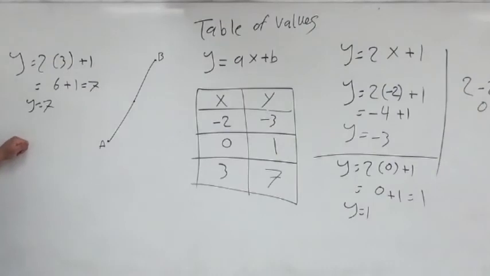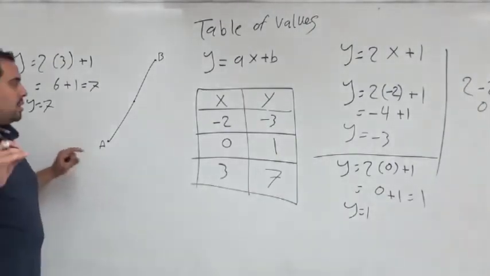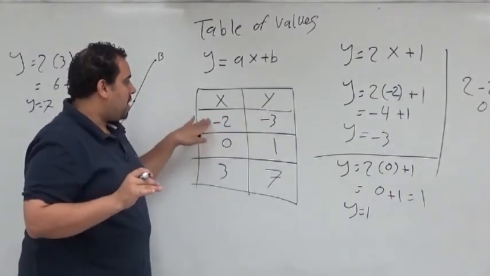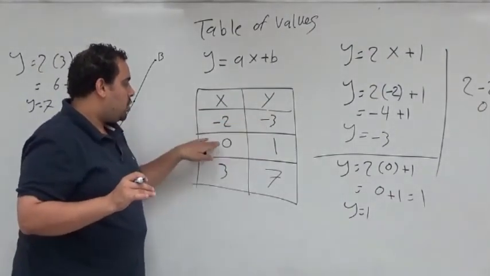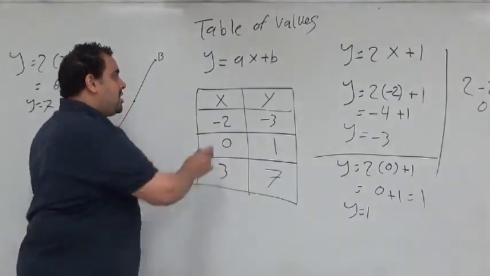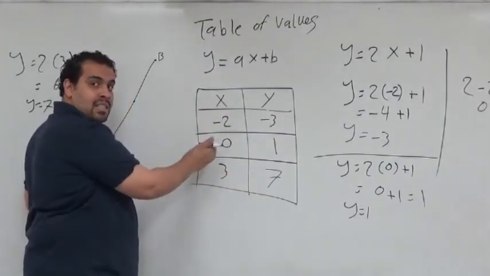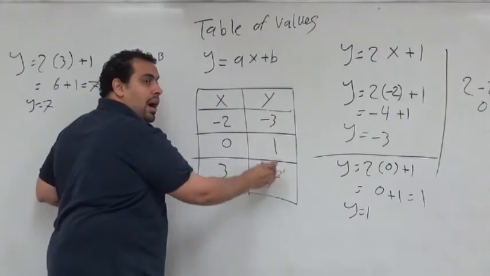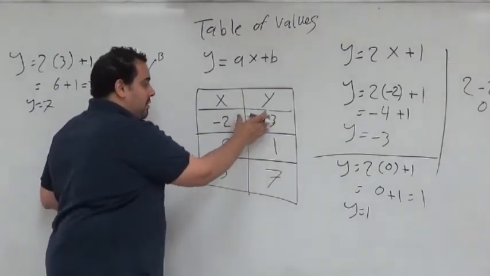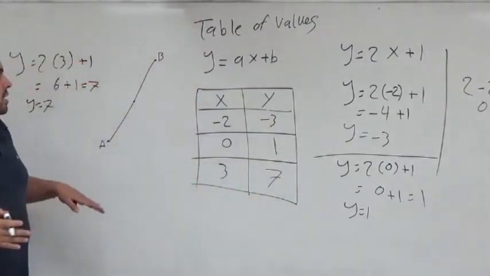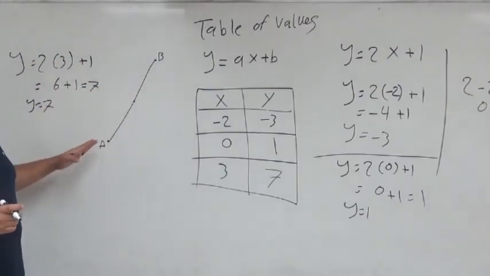That's why we make 3 points, to make sure it's the right graph. So we have here the first point, negative 2, negative 3, then 0, 1, and 3, 7. This represents the x-axis, and this represents the y-axis. So we have 3 points. When you graph the line, that should be approximately how it looks.